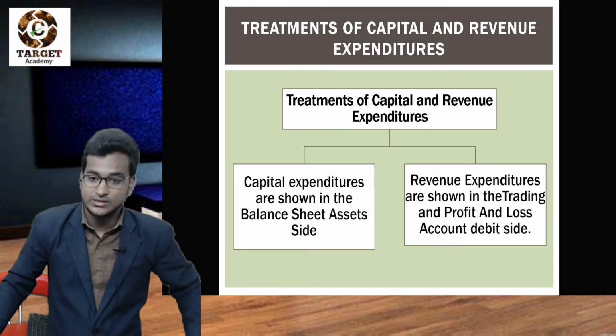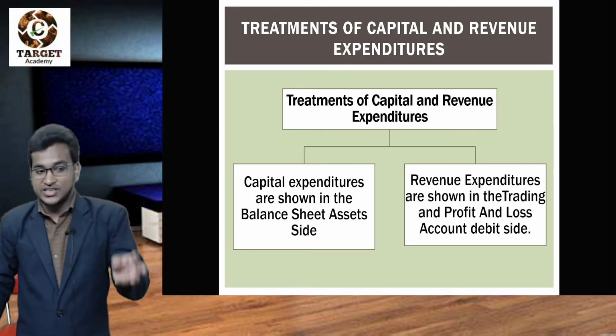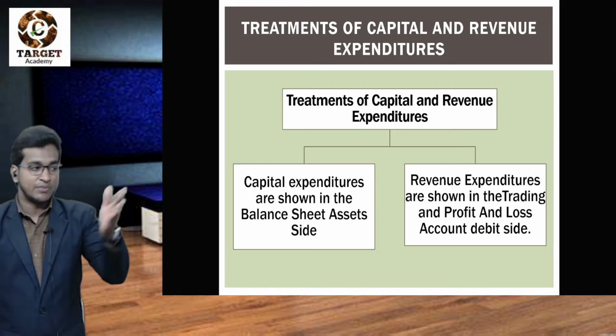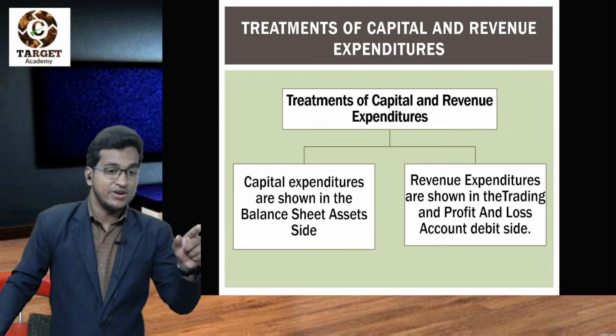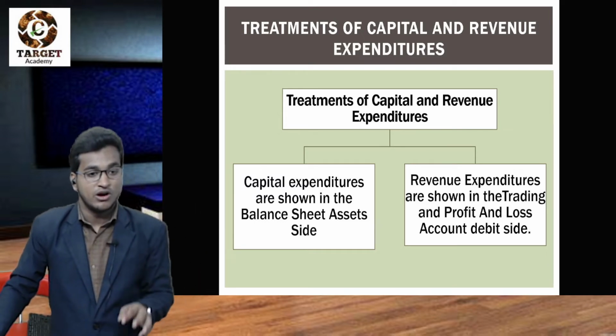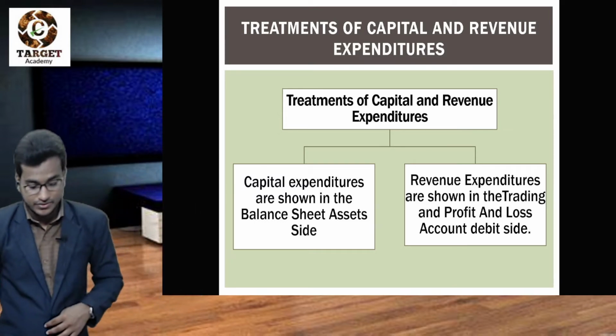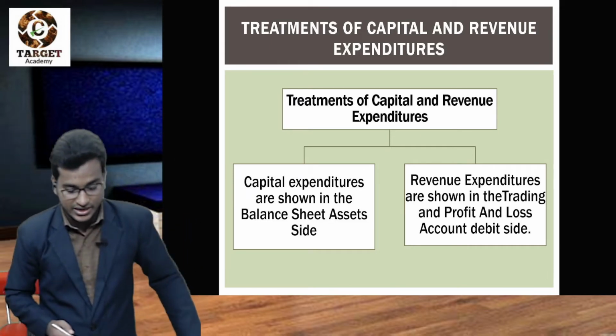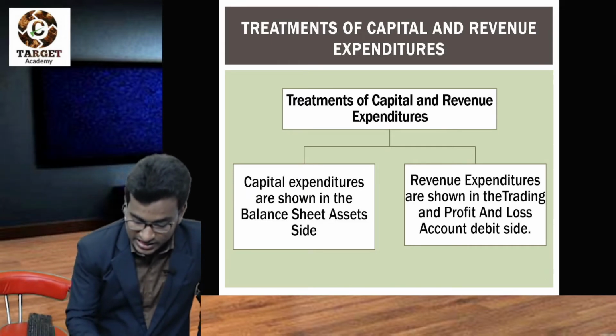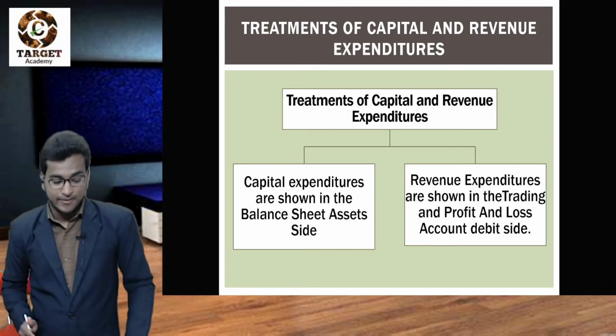Are you getting my point? Because this is expense, it will come under the profit and loss account debit side or trading account debit side, like wages, carriage inward, salaries or rent. That is the treatment. You can look at your screen: treatment of capital and revenue expenditure.